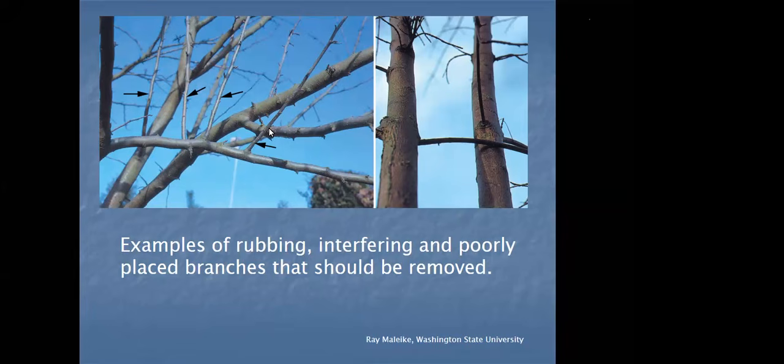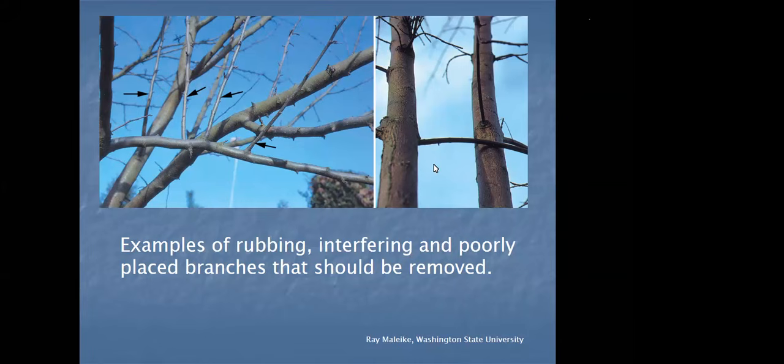Over time, as the plant grows, the diameter of those branches gets wider, and you're going to have more and more rubbing every time the wind blows. That's going to open up some wounds on that plant and cause some issues. So you want to make a choice on which branch looks less desirable and take that one out to prevent that rubbing or cross branch placement.